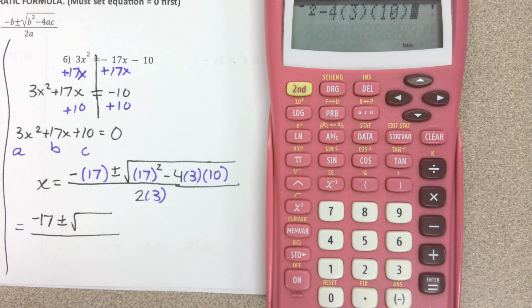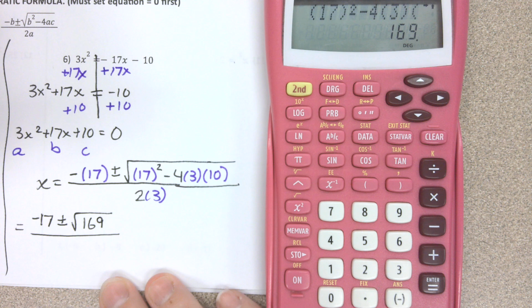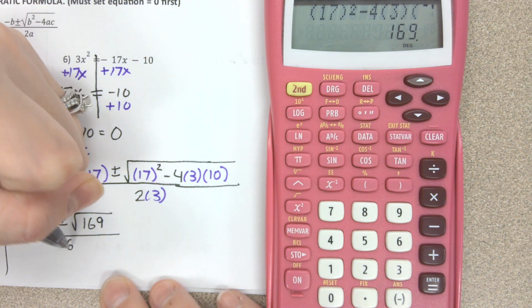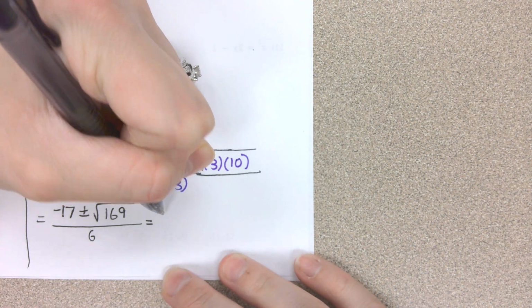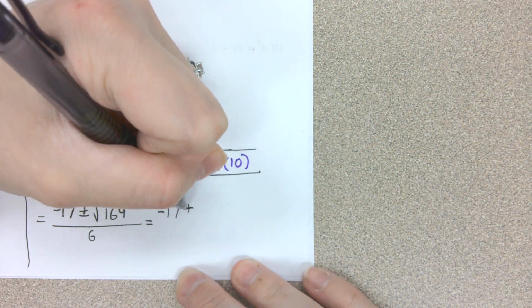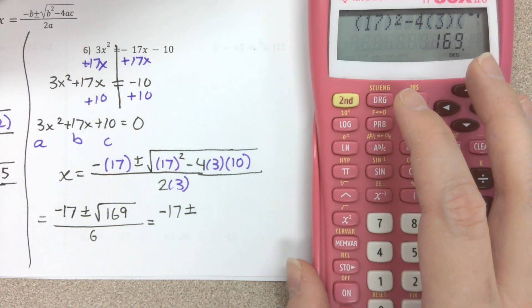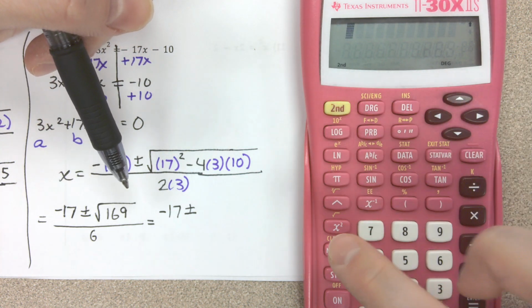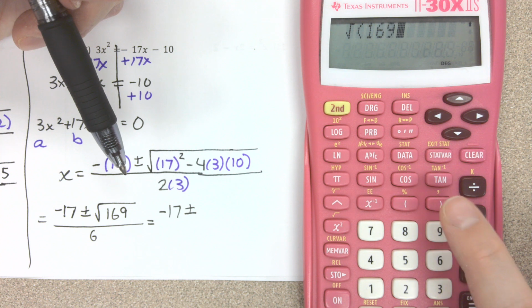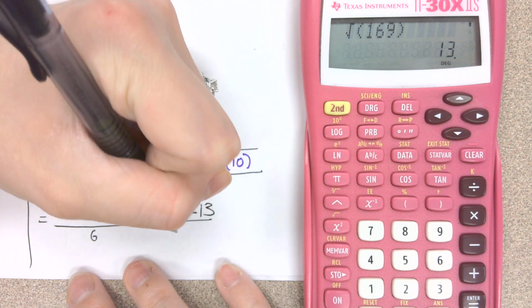Once again, we're not typing in the actual square root, so don't do that. We get 169 over 6. 2 times 3 is 6. Next step, we have negative 17 plus or minus 169. That is a perfect square if you didn't recognize it. Make sure you always check and see if this is a perfect square. It never hurts. We get a 13 all over 6.